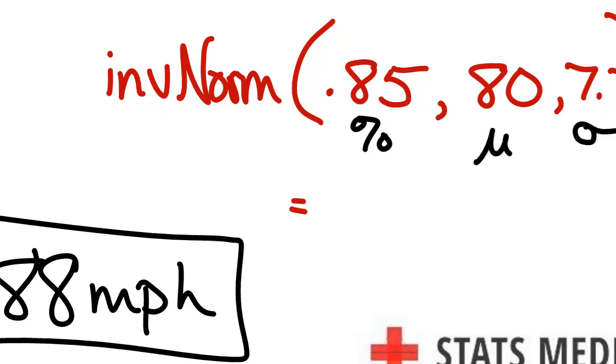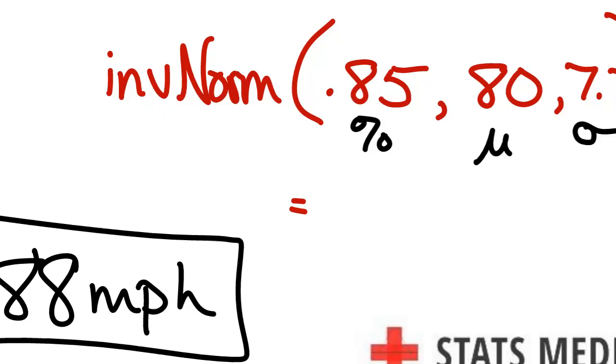All right, let's go and see what it's yelling about. You have to close your parentheses. It gets real finicky on these calculators if you don't close your parentheses. It's still not working. Inverse norm. 0.85.